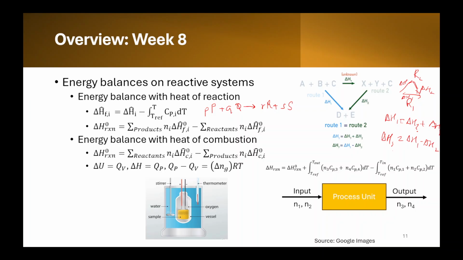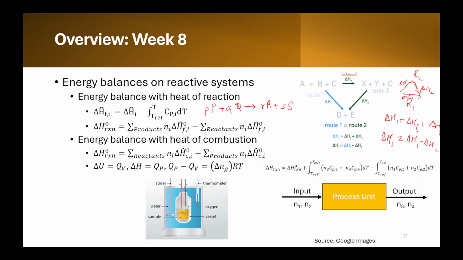Then we looked at if there is a reaction going on, what will be the heat of reaction. So this is heat of reaction at standard temperature. Suppose there is some increase in the temperature owing to this reaction. So the reaction may be endothermic or exothermic. If it is an exothermic reaction, sorry, the temperature will rise.